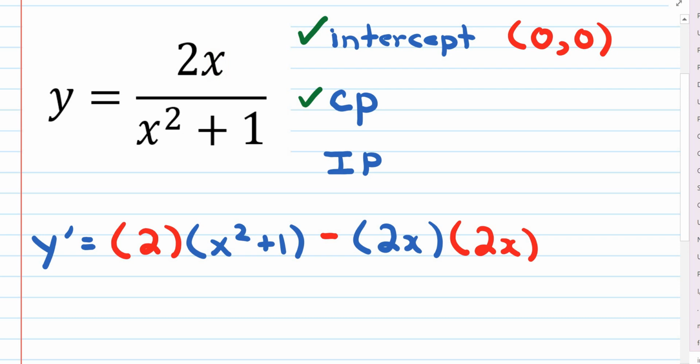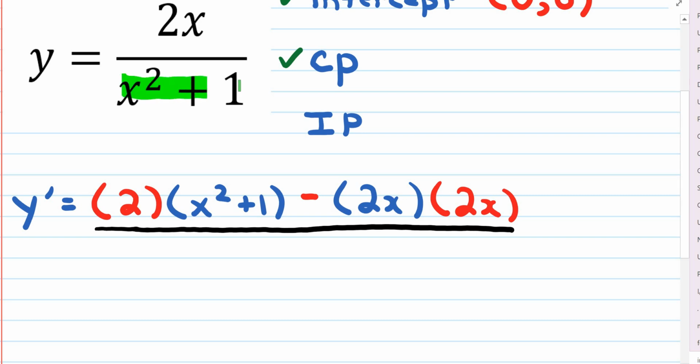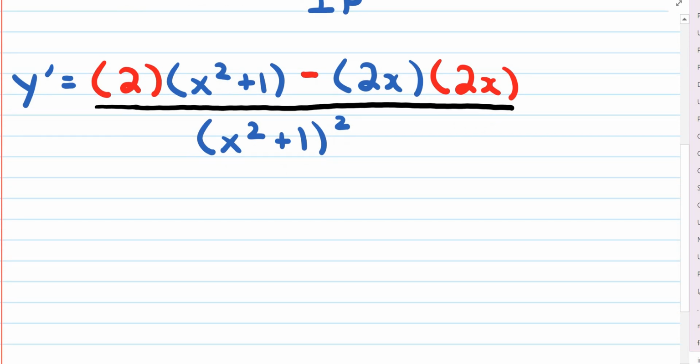Okay, after that, we would then divide our whole expression by the denominator squared. So since our denominator is x squared plus 1, if we want to square that, we would put that in brackets, (x squared plus 1), and raise it to the power of 2. Okay, so there is the expression for my first derivative, and then after that, let's go ahead and see if we can simplify this. So we have y prime equals.